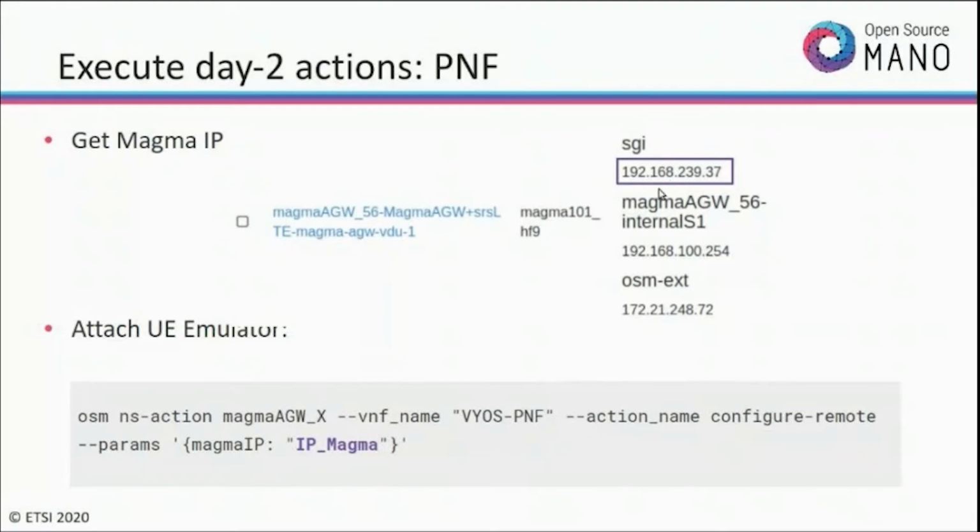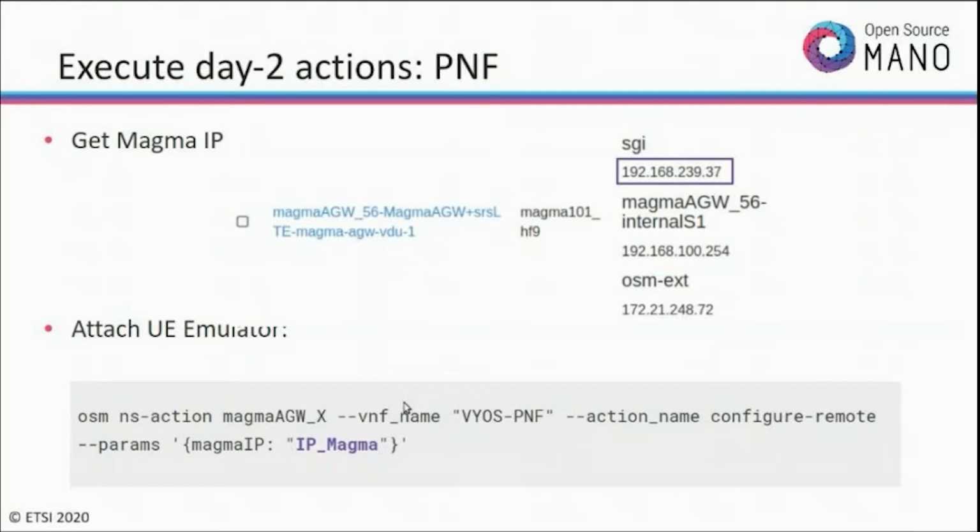So what we have to do is execute the configure remote primitive of our PNF, and we needed to copy that to the parameters, so that the magma IP is set to that, and that would execute the playbook replacing the IP of the magma to include the rule in the VyOS router.